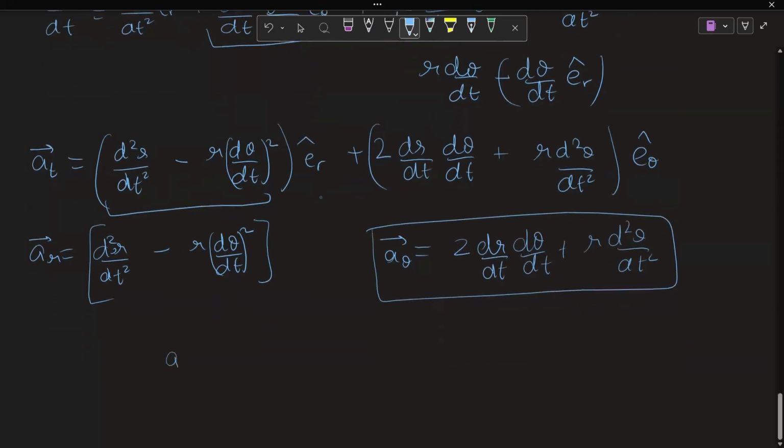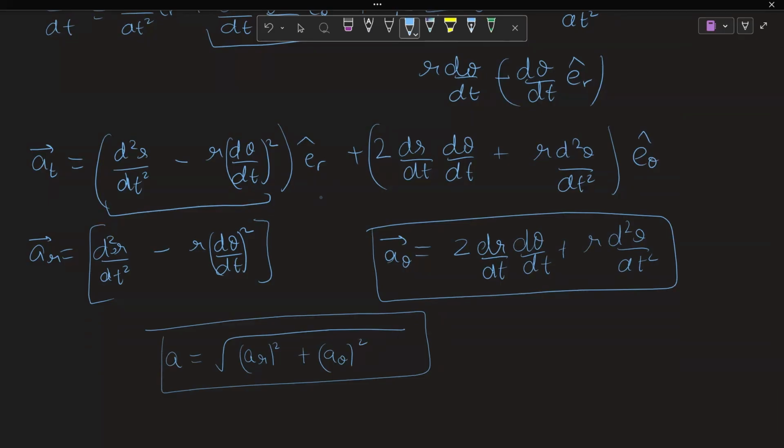And again, the magnitude of acceleration we can find as the root of a_r square plus a theta square. So this is the entire theory for cylindrical coordinates. Nothing is required except for that. Now we'll be moving on to questions related to this topic.